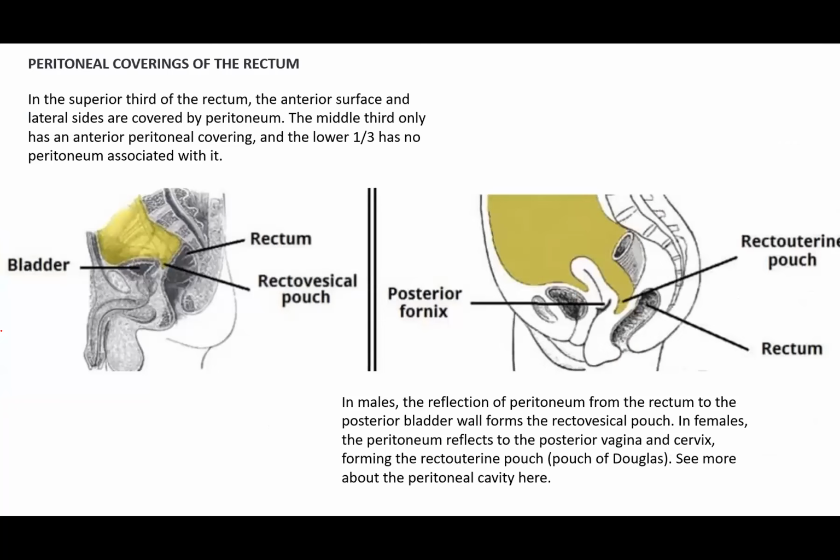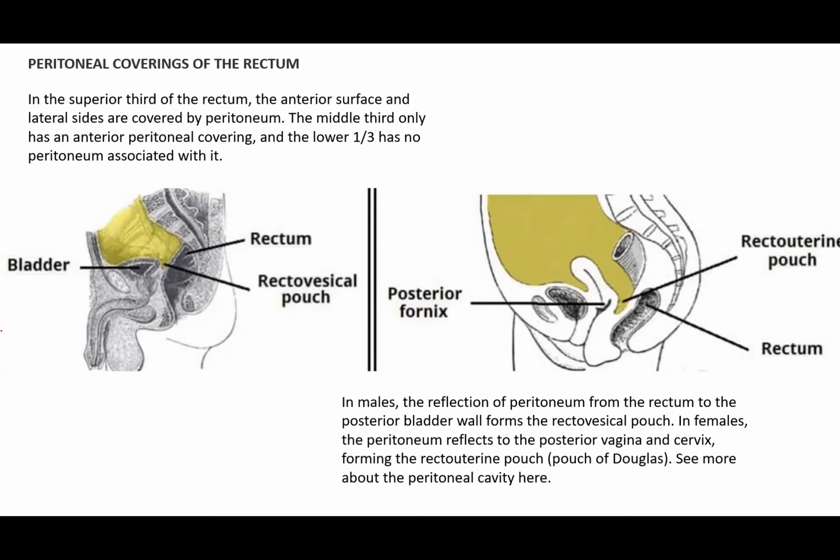Now, let us see the peritoneal coverings of the rectum. You should know that not the entire length of the rectum is covered by peritoneum. The upper, middle, and distal thirds have varying degrees of coverage by the peritoneum.